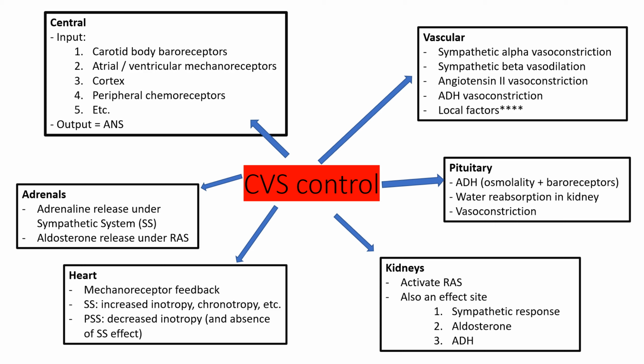And then lastly, the vasculature, which is also primarily an effect site of cardiovascular system control. Sympathetic outflow causes vasoconstriction in most circulations under alpha effect, and there is also vasodilatation in some systems under beta-2 effect. The vasculature is also affected by angiotensin II from the renin-angiotensin system, which is activated by the kidney.